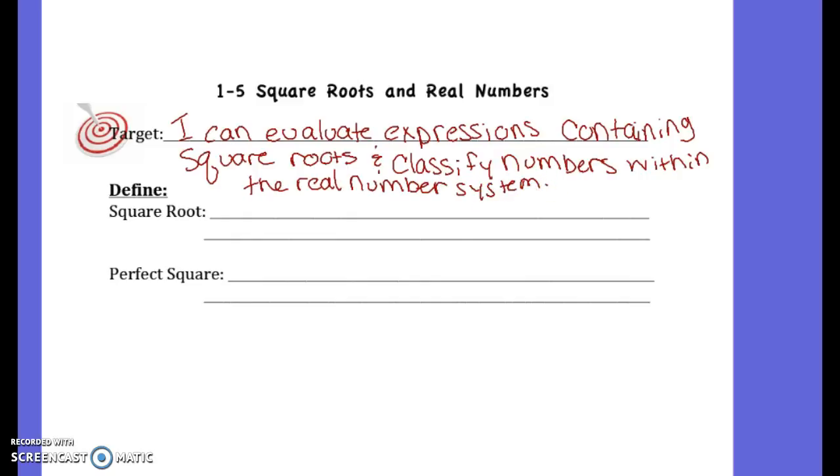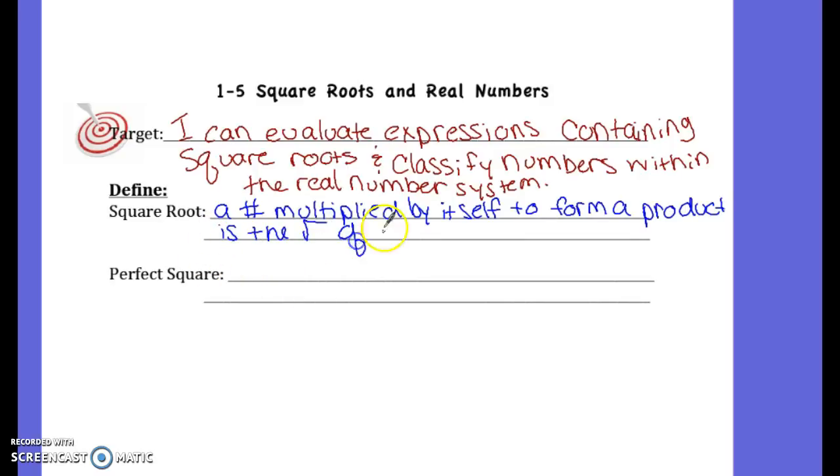Okay, so first we're going to talk about a couple of definitions. The definition of a square root is a number multiplied by itself to form a product is the square root of that product.